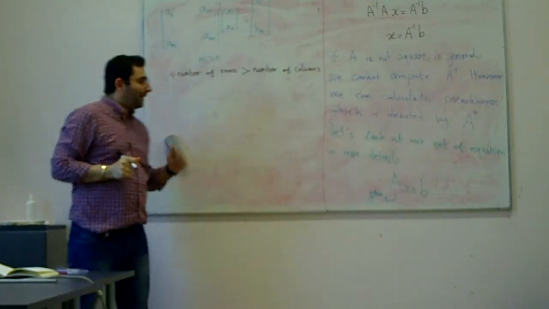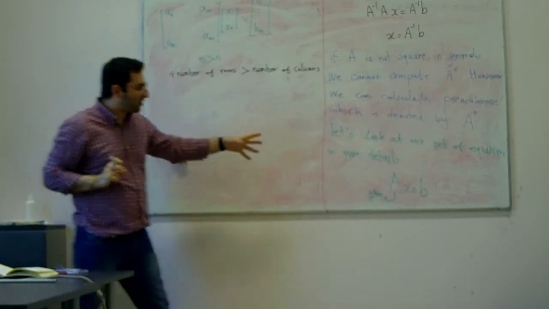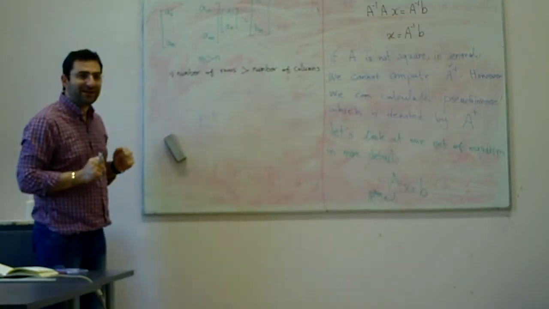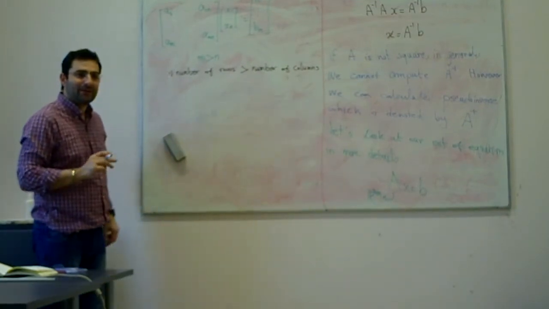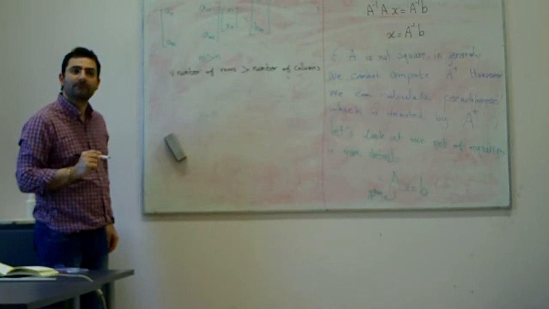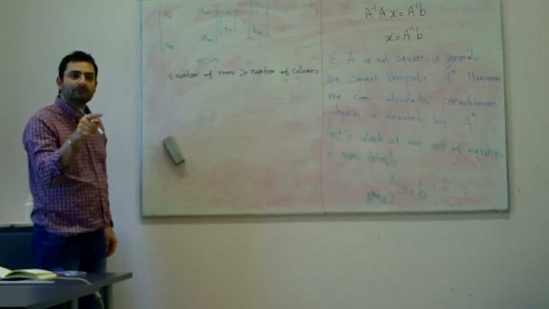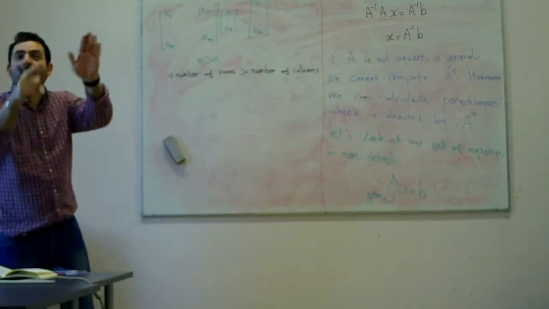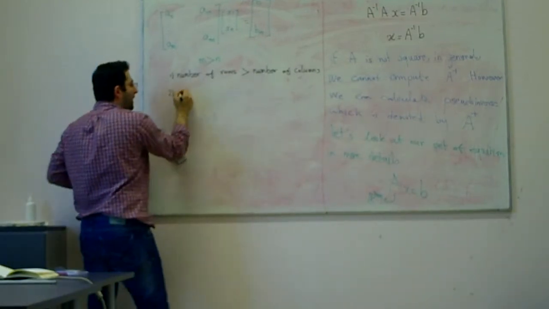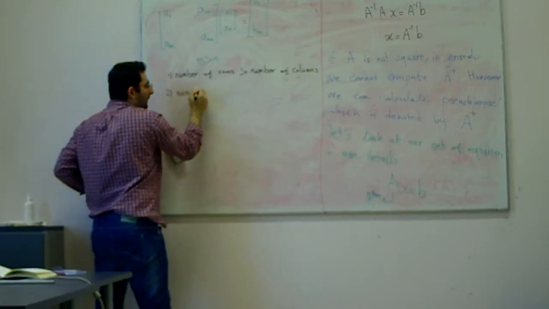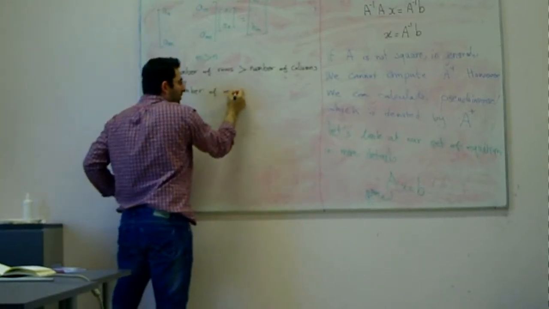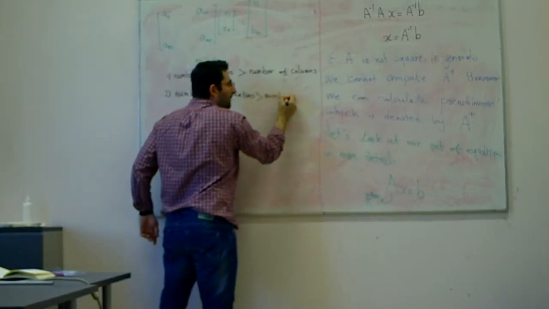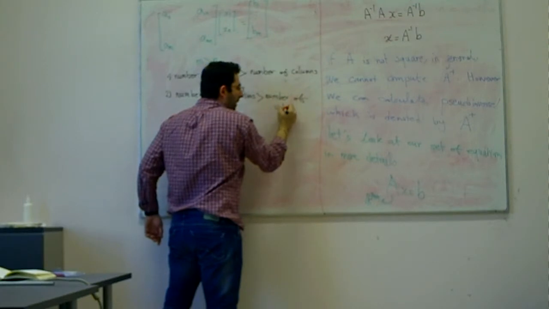Now, Suman, from the set of equations point of view, what does it mean? m greater than n. More equations. The number of equations is more than the number of unknowns.